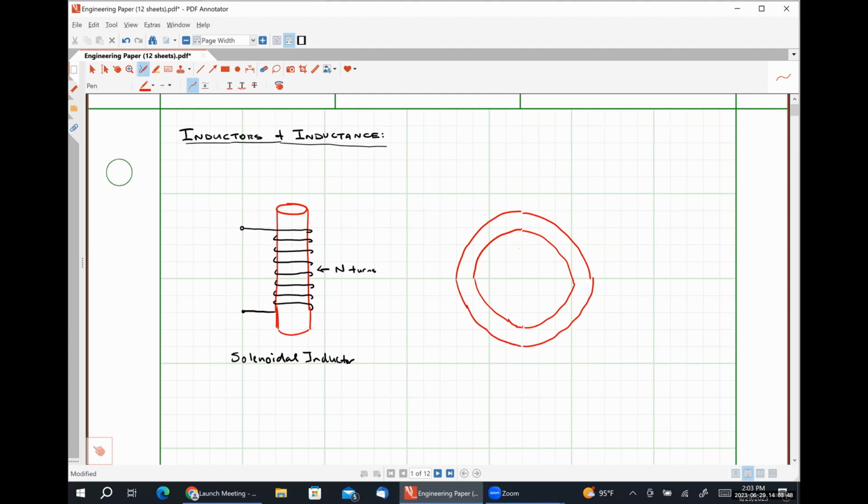This toroid could have either a circular or rectangular cross section. It doesn't particularly matter. Both of these things are what are called core materials.